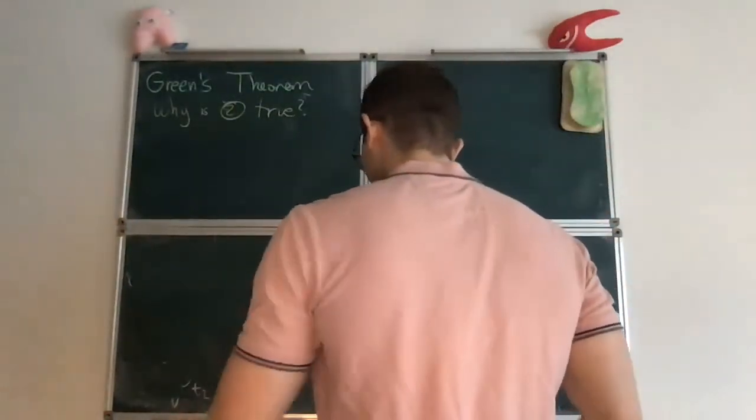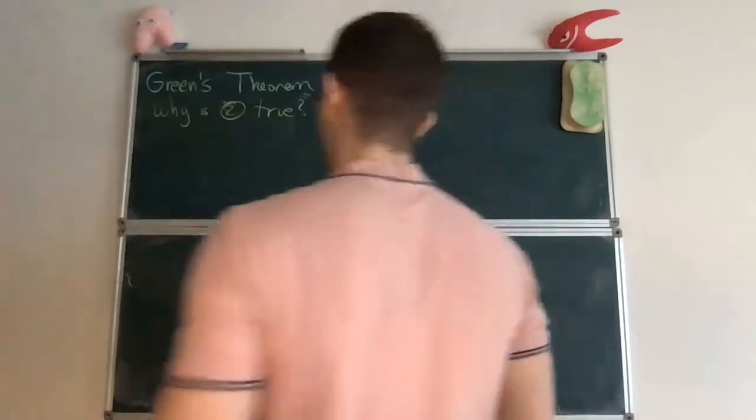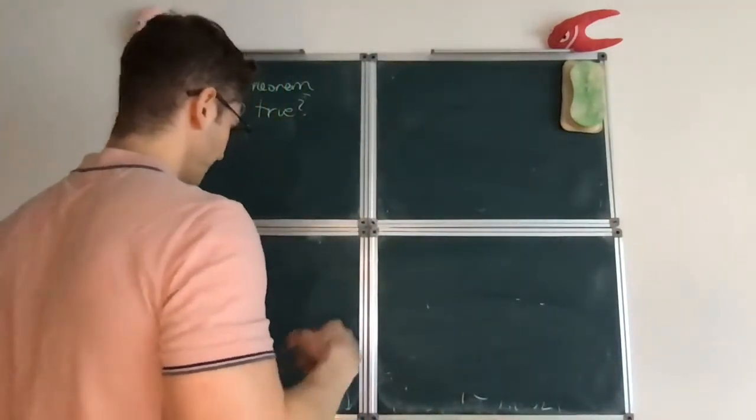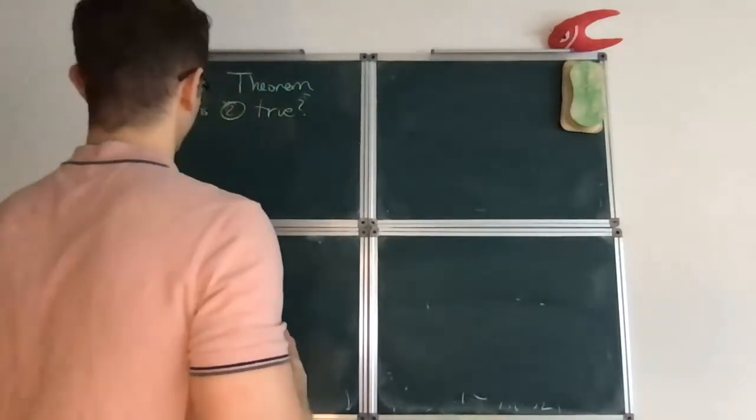So 2 was just a statement that if the work is 0 along any closed loop, then the vector field is conservative.